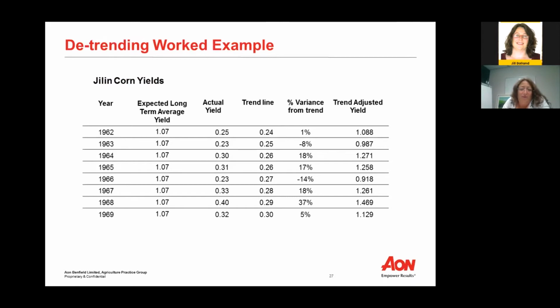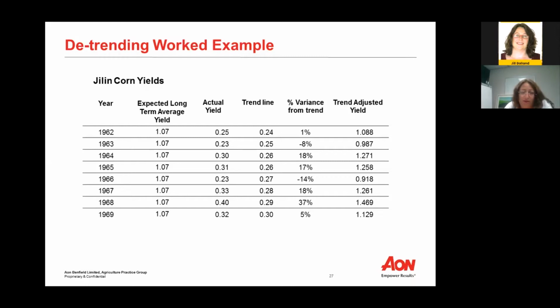This just gives you a little bit of an idea. We've got the expected long-term average here, which we've worked out, which is the end of our trend line. This is what the actual yield was. You've got what the trend line was. So, you know, it was 0.25, and you think, oh, that's really low, but actually it was only 1% from what we would have predicted from our trend line. So then we add that 1%.